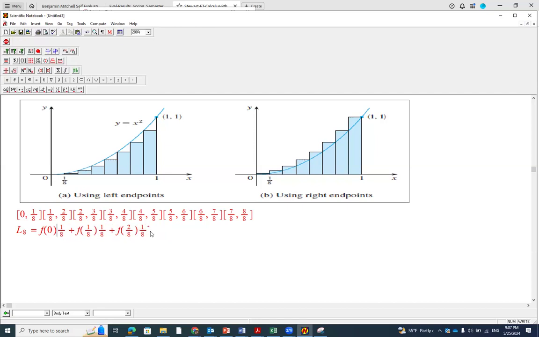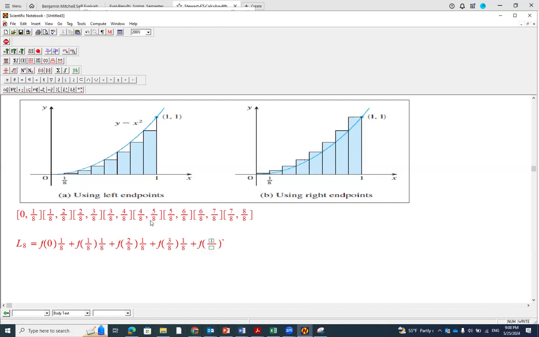The fourth one, 1, 2, 3, 4, is f of 3/8 multiplied by the width, which is 1/8. Plus, you can see the idea is the same. As we get finer, the sum becomes longer.